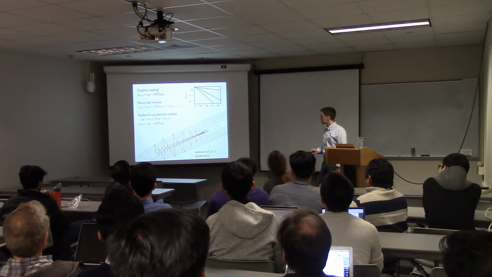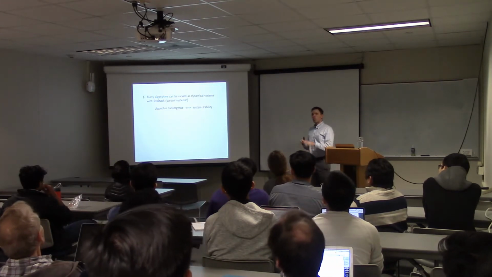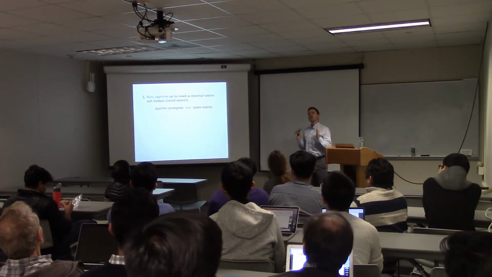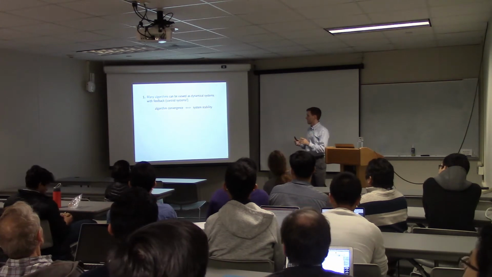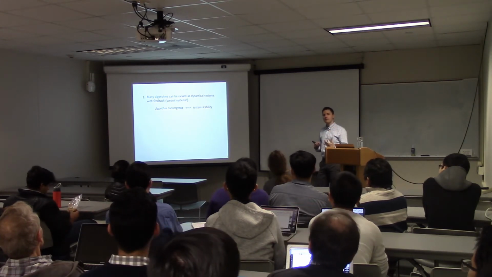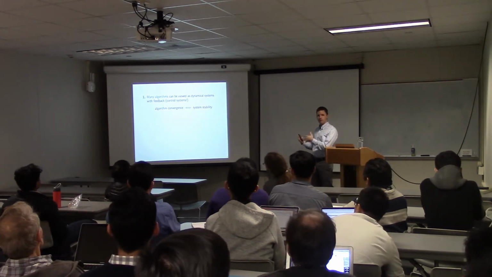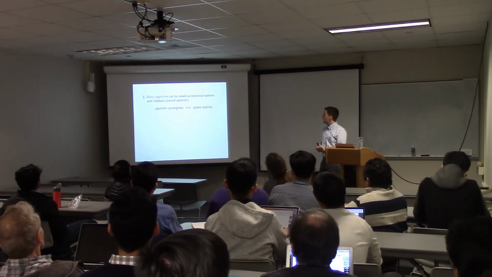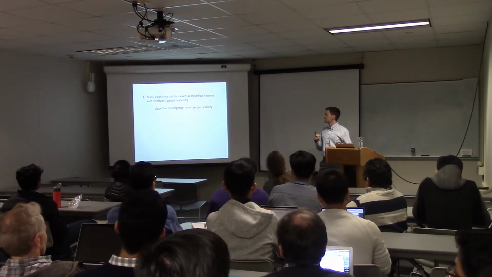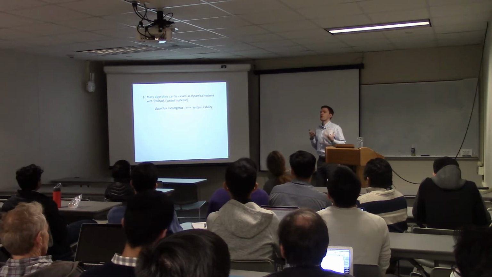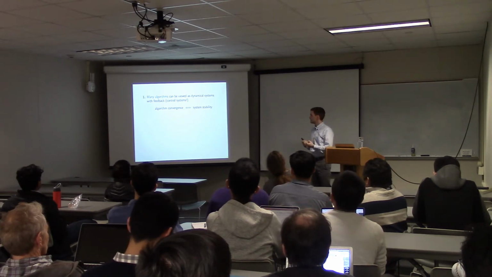All right? Okay. So what does this talk about? The main takeaway point is the following: you can think of algorithms as dynamical systems. I already alluded to this by talking about their dynamics. And you can think of them as dynamical systems with feedback. You can think of them as control systems. They're controllers, actually.